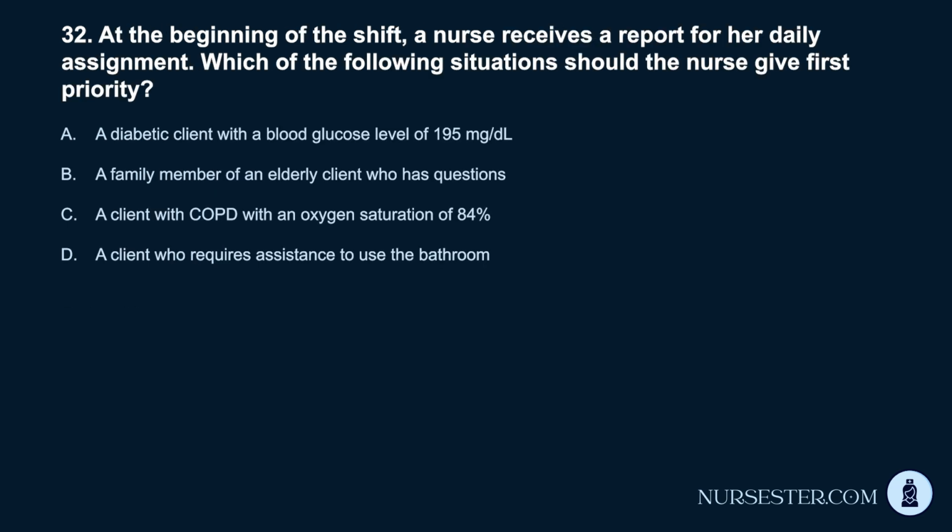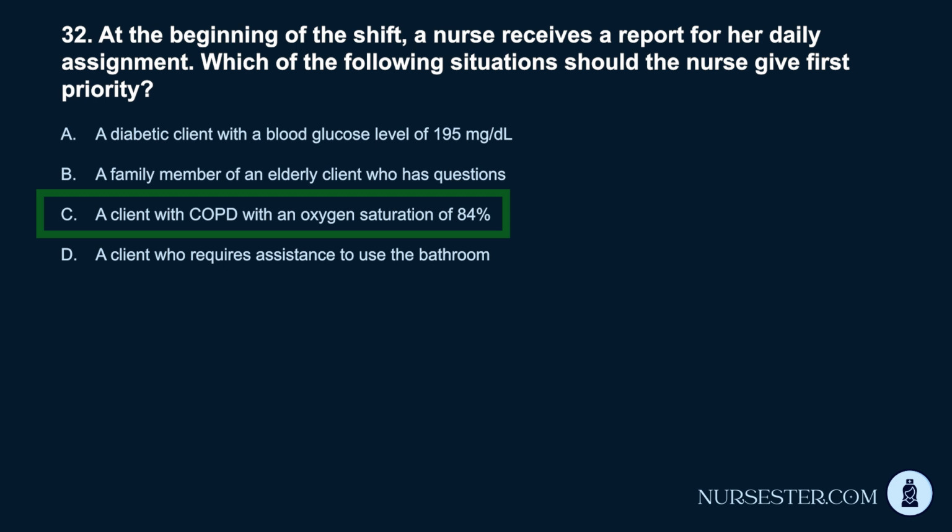32. At the beginning of the shift, a nurse receives a report for her daily assignment. Which of the following situations should the nurse give first priority? A. A diabetic client with a blood glucose level of 195 mg per deciliter. B. A family member of an elderly client who has questions. C. A client with COPD with an oxygen saturation of 84%. D. A client who requires assistance to use the bathroom.